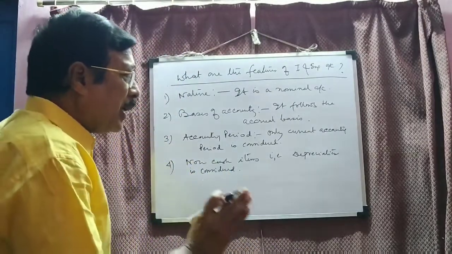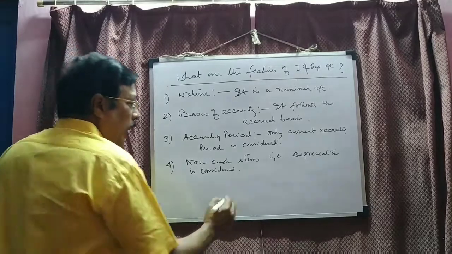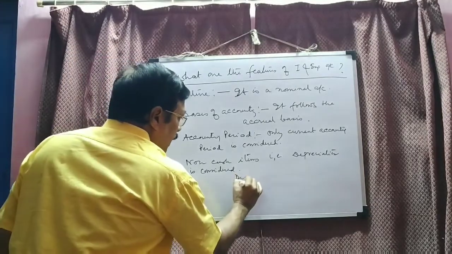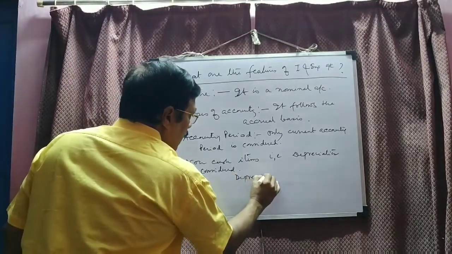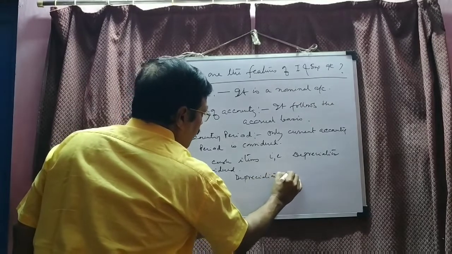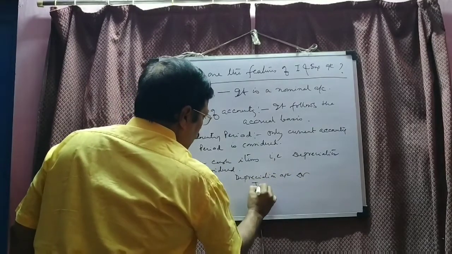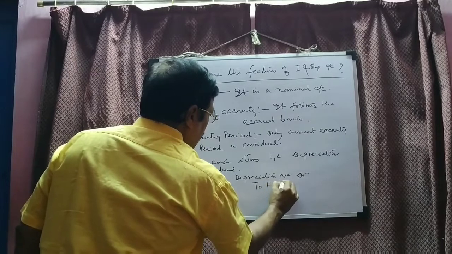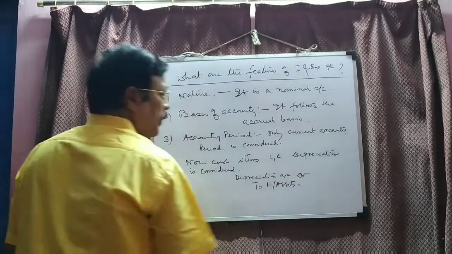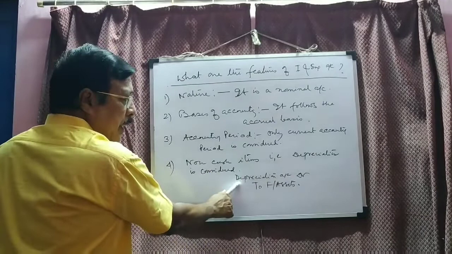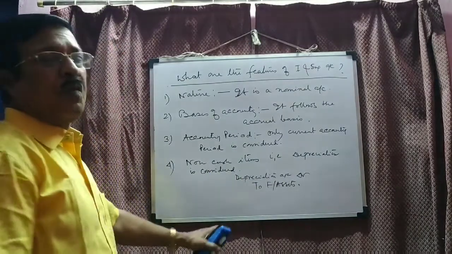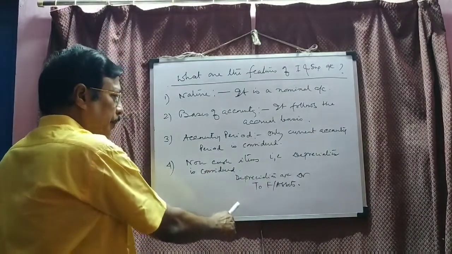That means when you charge depreciation on assets, what is the entry? Depreciation account debit to fixed assets. You see, depreciation account debit to fixed asset, that means the value of the fixed asset is declining.